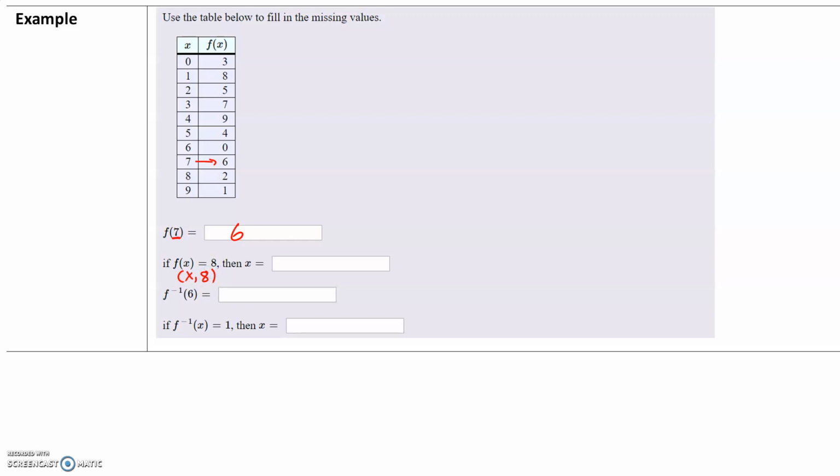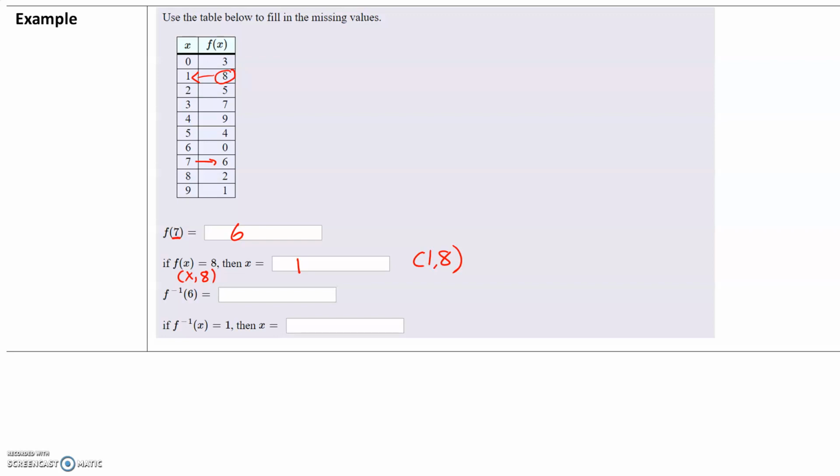So we want to figure out what is the value of x when the output is equal to 8. So let's find an output of 8, which is here, and the corresponding input is 1. So x equals 1 because when the output is 8, the corresponding x value or the input is going to be 1.